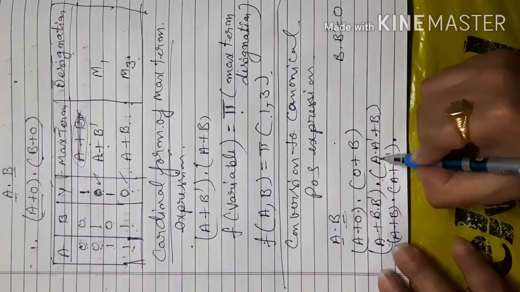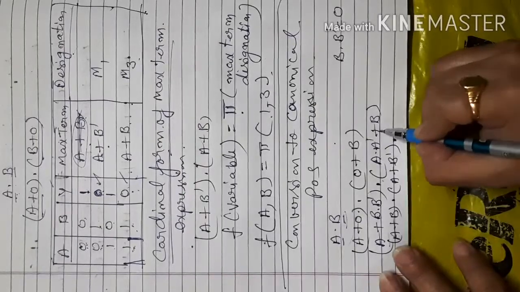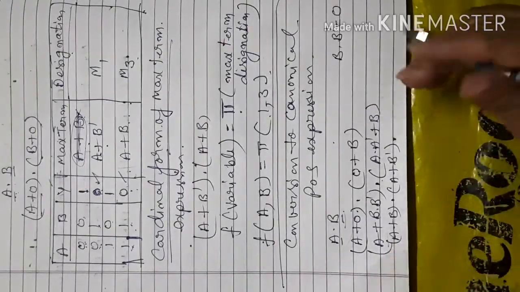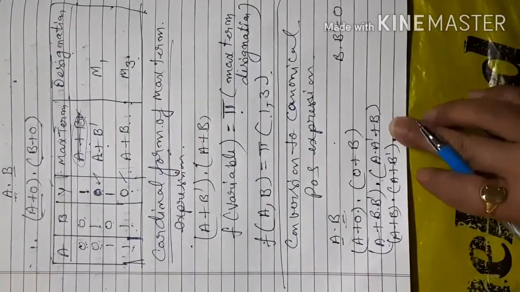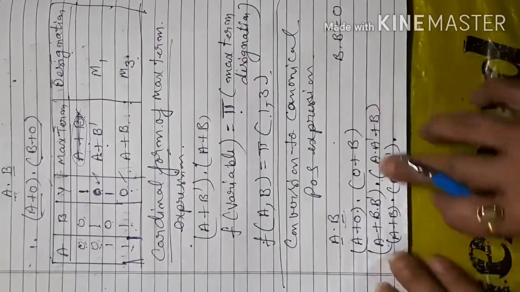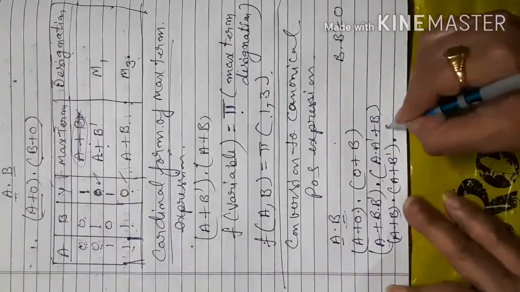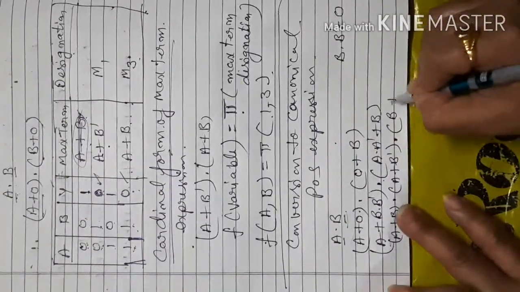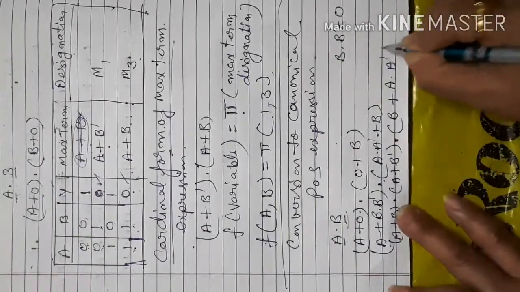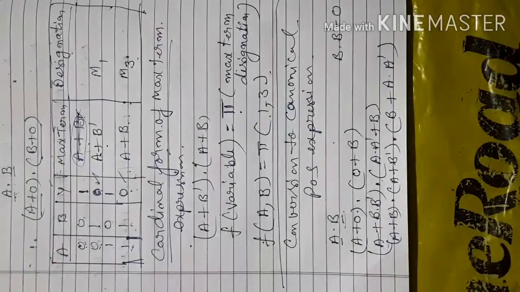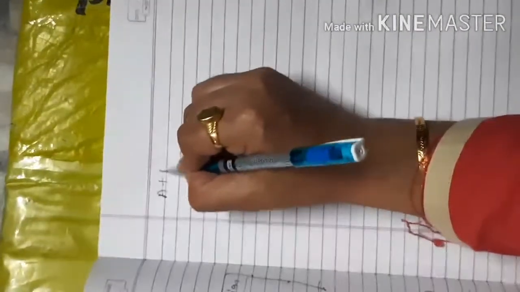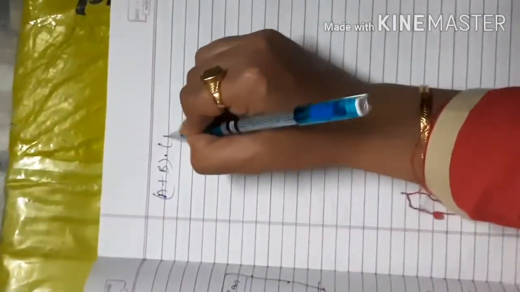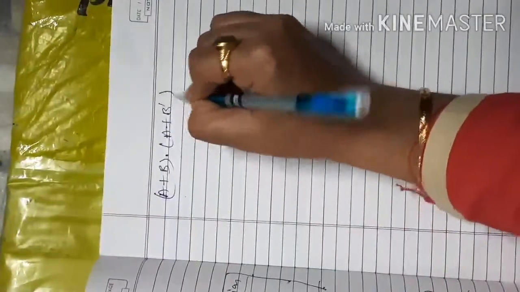First A plus B. If you have confusion with this, you can write it the opposite way. If I have confusion applying the distributive property, I can write it this way and easily apply the distributive law. So in the two terms I apply the distributive law, A plus B and A plus B complement.